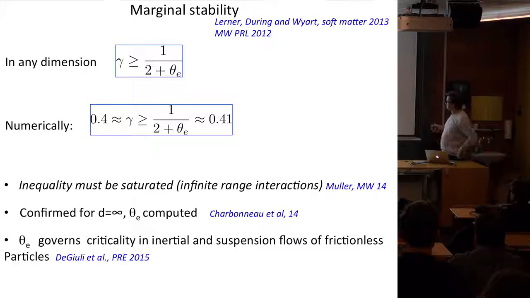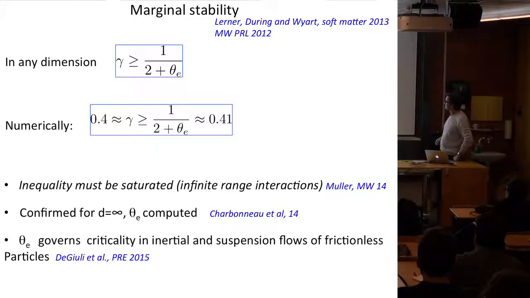What happened later is an exact calculation in infinite dimension where theta e could be computed and also this gamma, and that was actually confirming this marginal stability, but also giving this value of theta e that was not constrained by this marginal stability argument. It was giving it in infinite dimension, and it seems to be also good in finite dimension, this exponent.